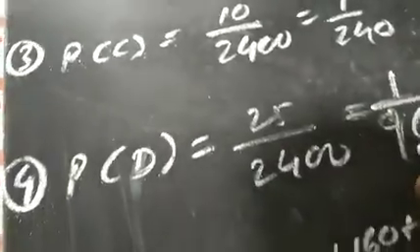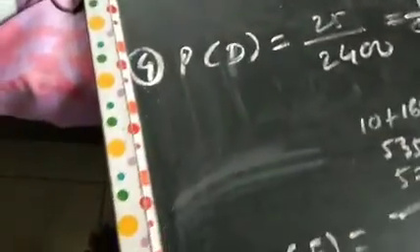This is equal to 1 upon 96. And the last event: owning not more than one vehicle.